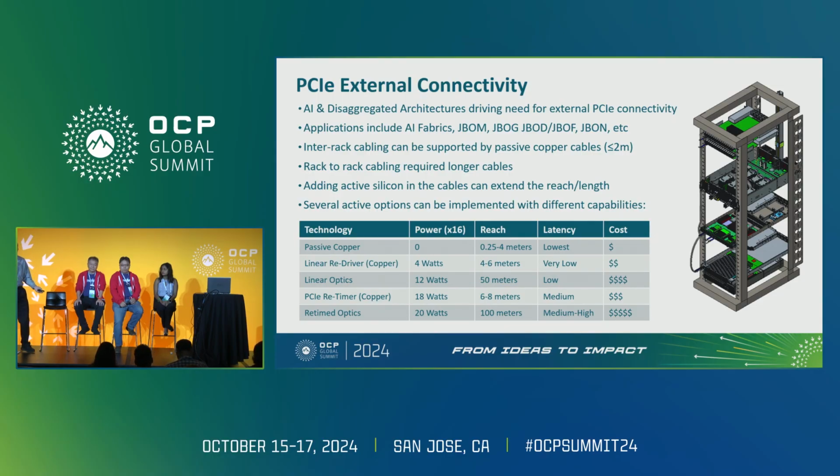It's got an adequate reach, 4 to 6 meters approximately, very low latency, and the smallest increase in cost, again, relative to the passive copper. When we look at linear optics, we have a little bit of an increase in power. We go to retimed, it really gets significant, into the 18 watts for a x16 PCIe interface.